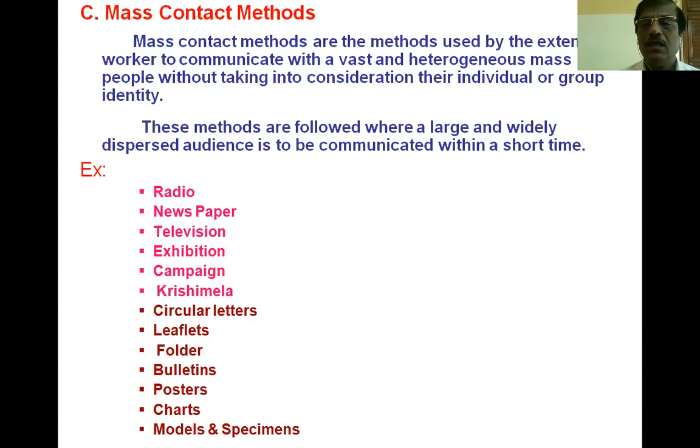Mass contact methods are the methods used by the extension worker to communicate with the vast and heterogeneous mass of people without taking into consideration their individual or group identity. These methods are followed where a large and widely dispersed audience is to be communicated with.